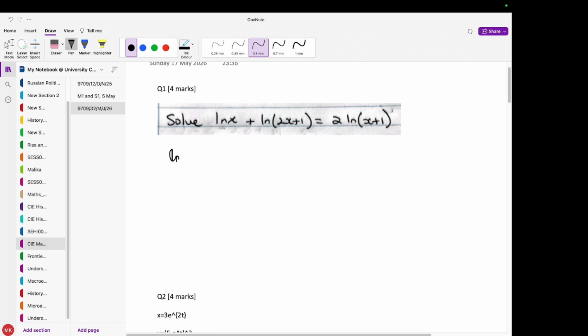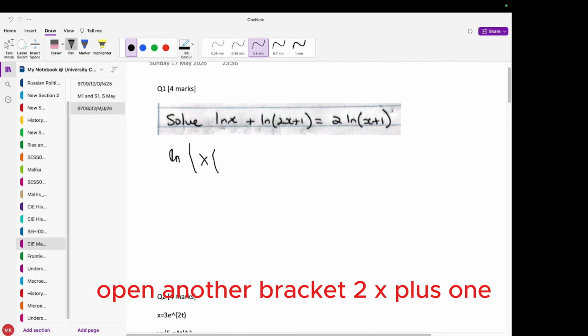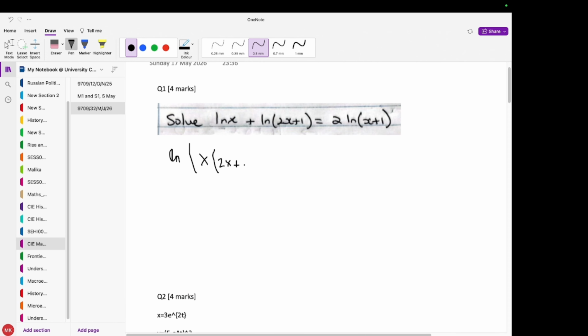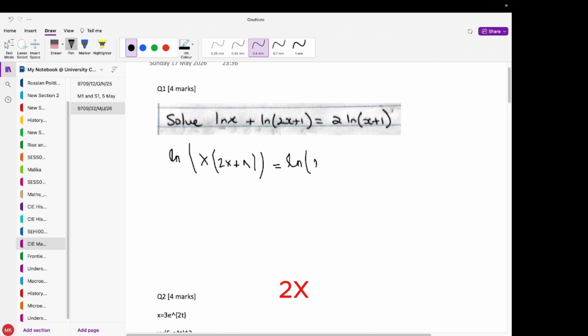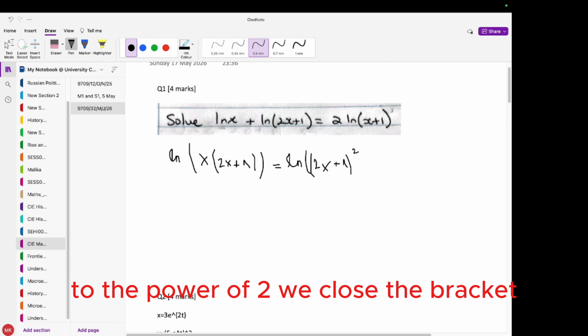ln x, open another bracket, 2x plus 1, which is equal to ln x plus 1 to the power of 2.